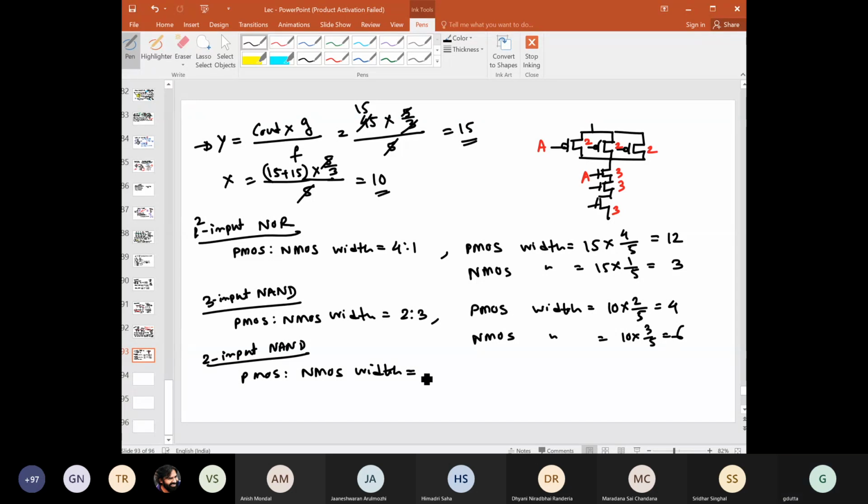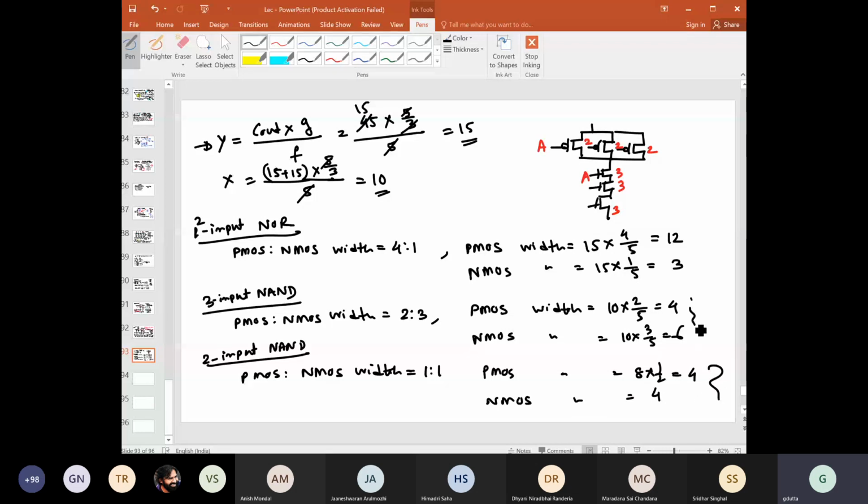The ratio is 1:1. So basically the PMOS width would be 4, because it was 8, right? So it is 4, and the NMOS width would also be 4, right?